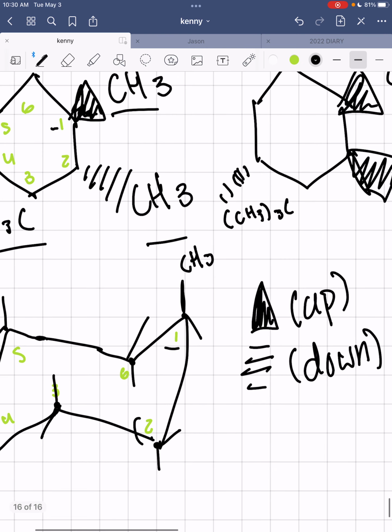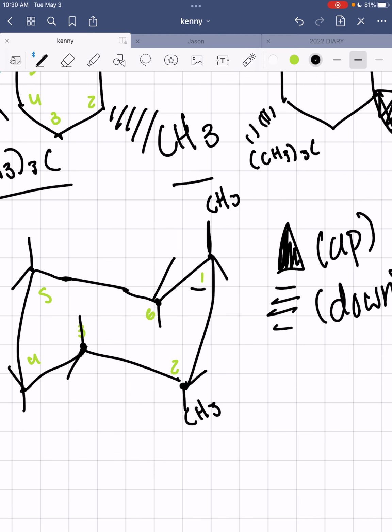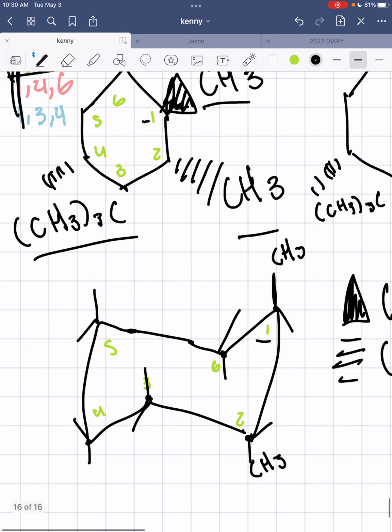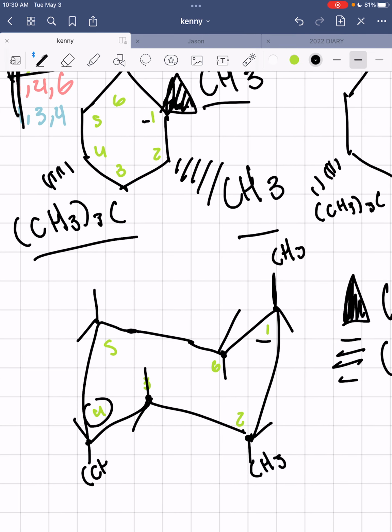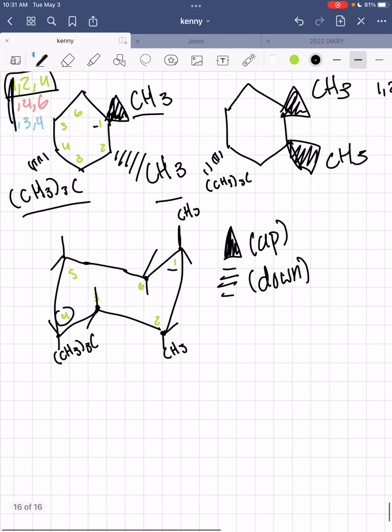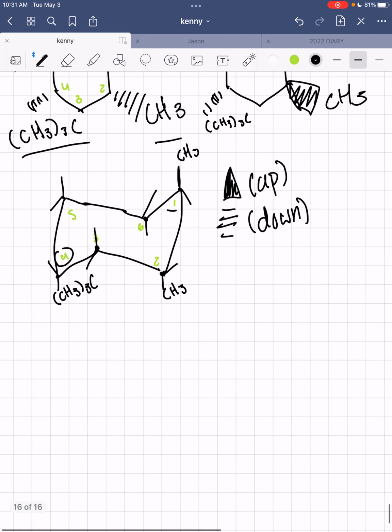Number 2 is a dash, so it will go on the down. And the fourth one's right here, it's a dash, so it'll go down. Boom. And then now we need to draw the flipped chair, so let's draw a flipped version.